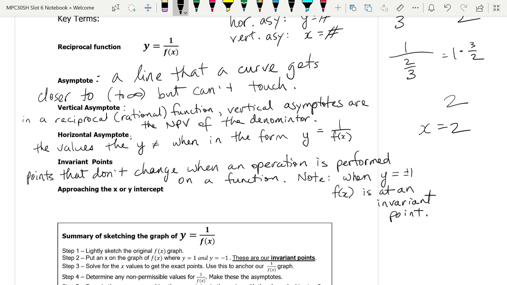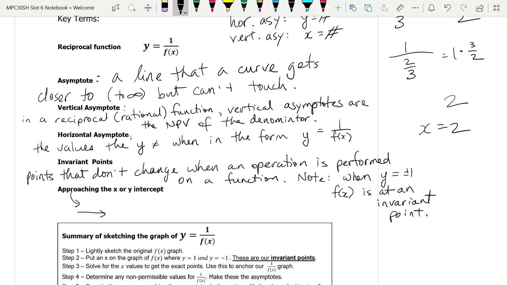That just leaves approaching the x or y intercept. I don't even know really why that's here, except that maybe we just need to define some terminology or some symbols. Approaching is always going to be represented by a sideways arrow.